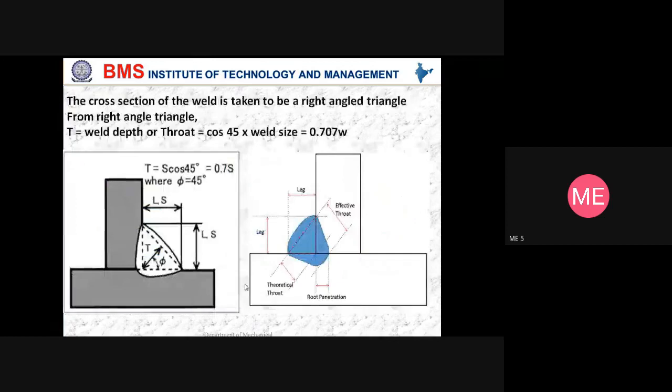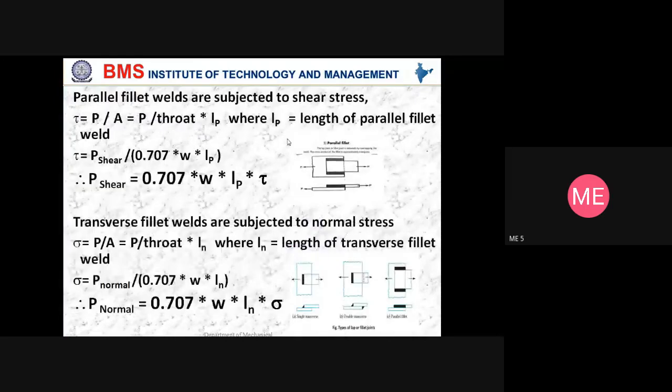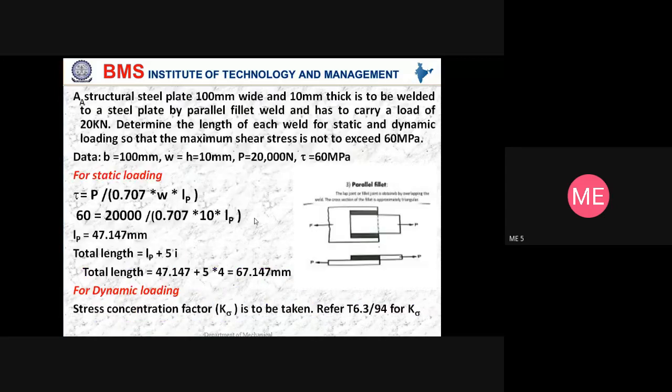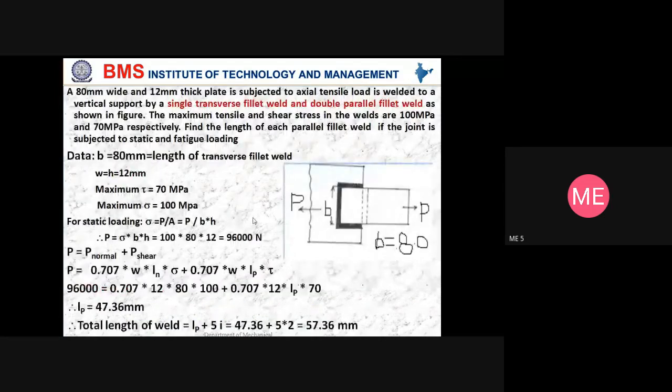Then we learned about the cross section of the weld, and the type of stresses that the parallel fillet and transverse fillet welds are subjected to, and the total load is shared by the load because of the normal fillet weld and the load because of the parallel fillet weld. We solved few problems on that.